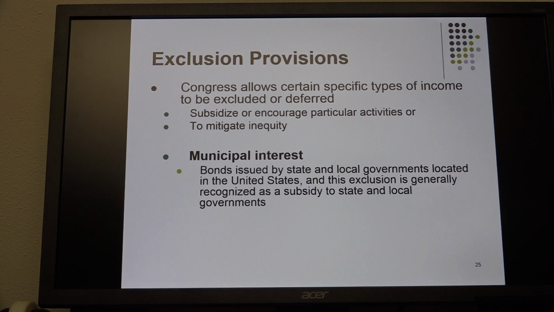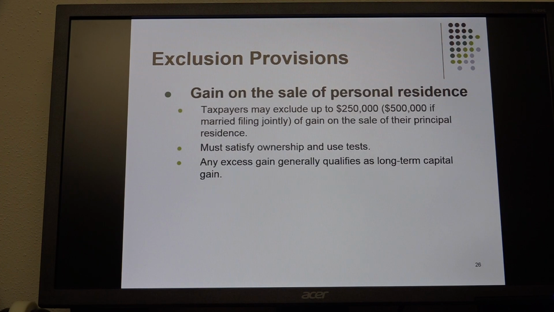It doesn't include bonds issued by corporations. So it's only state, county, local governments, and their subdivisions. We'll talk about this when we get to Chapter 14, I believe it is.